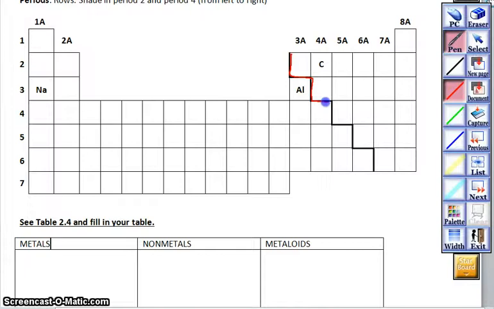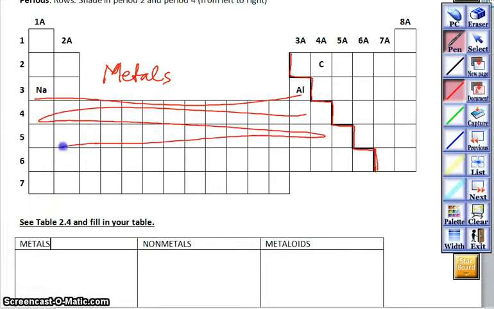I tend to call it a step. So when you hear me talking about this step, this is what I'm talking about. That step separates metals from non-metals. On this side of the periodic table, we have metals. All metals, all here.